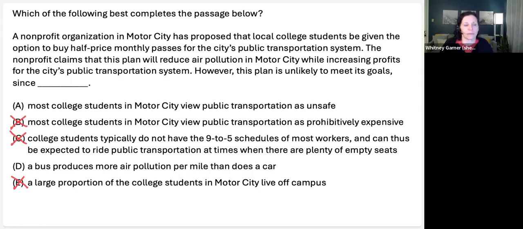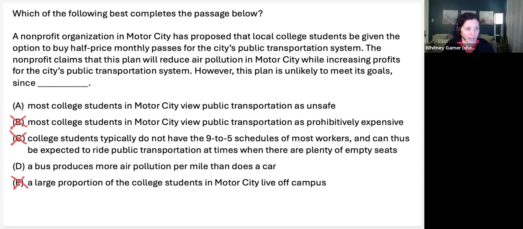So let's look at A and D. What would happen if A was true? If most college students in Motor City saw public transportation as unsafe, what would that mean? Well, if I see this thing as unsafe, just because you give me a discount doesn't mean I'm going to ride it. Right?